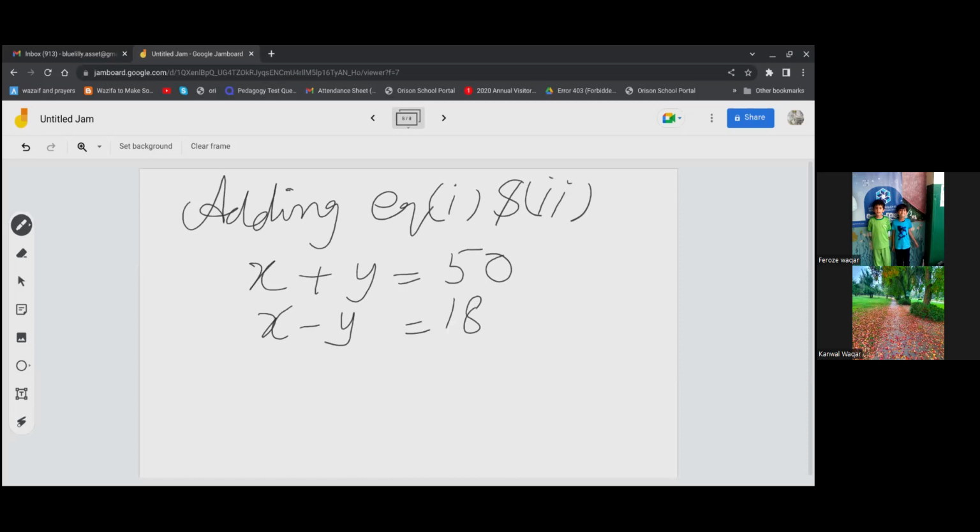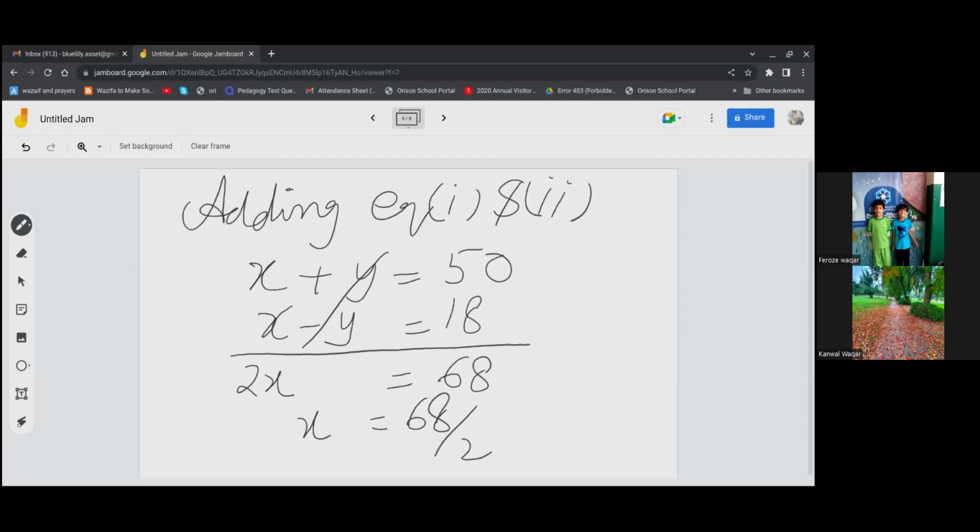When you add, you will not change the sign. Plus y and minus y will be cancelled. We have 2x equal to 68. Solve for x: 68 divided by 2. 2 3s are 6, 2 4s are 8, 34. Now 34 is the value of x.